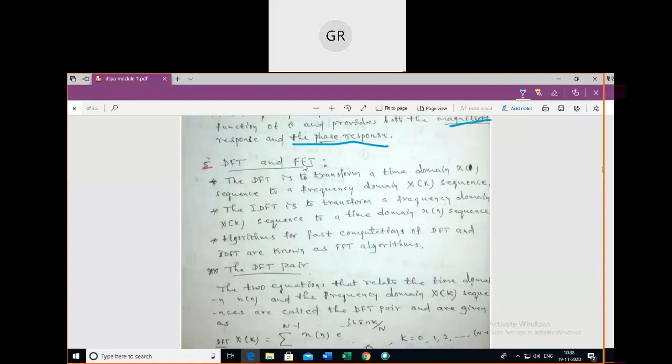IDFT means inverse discrete Fourier transform, the conversion from the frequency domain to the time domain sequence. Okay, the FFT, fast Fourier transform, refers to algorithms to compute the DFT.